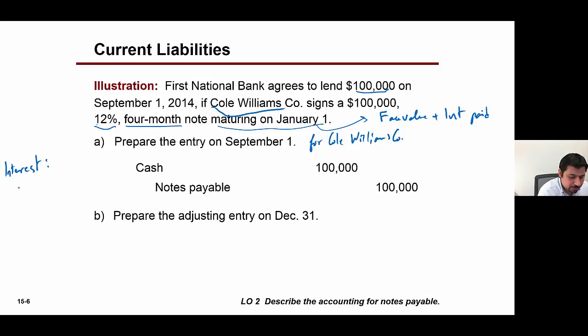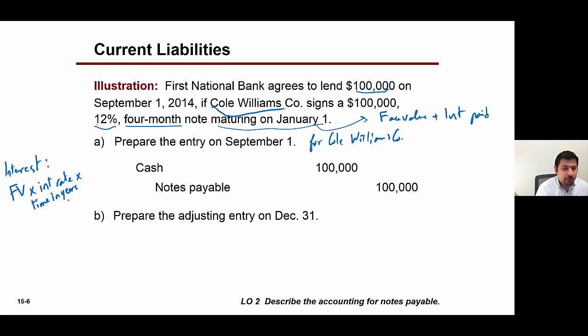So the interest, we always calculate it by multiplying face value by the interest rate by the time in years.